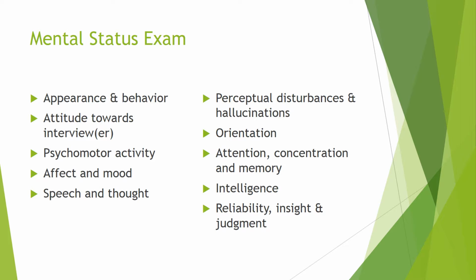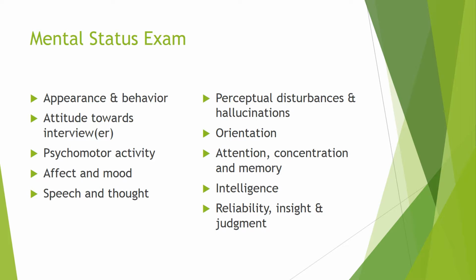We're also looking at speech and thought, and there's some reference in the book to are people speaking in what appears to be a normal manner, or is their speech pressured, is their speech rapid? Similarly, and in contrast, was their speech very, very slow? Does their thought generally appear to be coherent? Is it tangential? Do they go from one idea to another? And so we're looking to try to assess how, quote, normal or how different both speech and thought are.